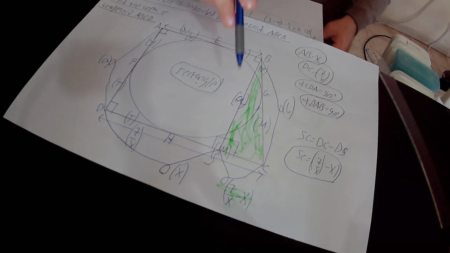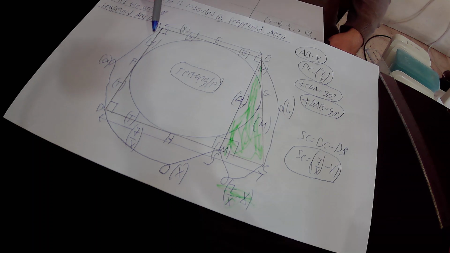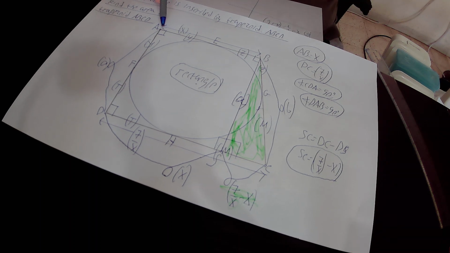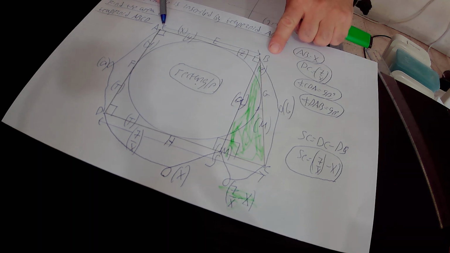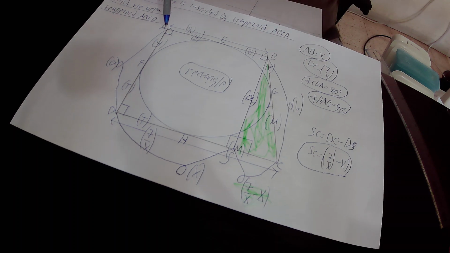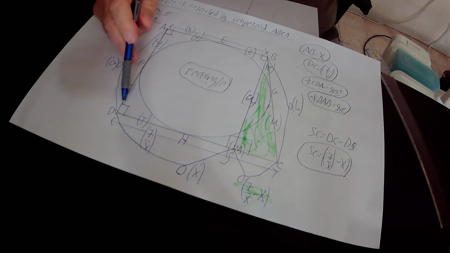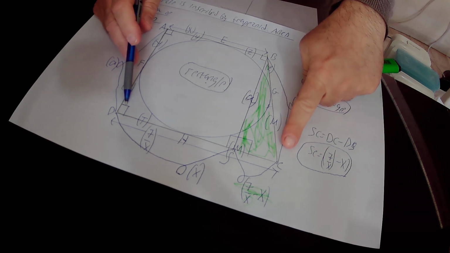Times the height. The height must create 90 degrees with the two bases. Here it is very easy to see that side AD creates 90 degrees. This angle equals 90 degrees. It creates 90 degrees with the base AB, and the same side AD also creates 90 degrees with the base DC.